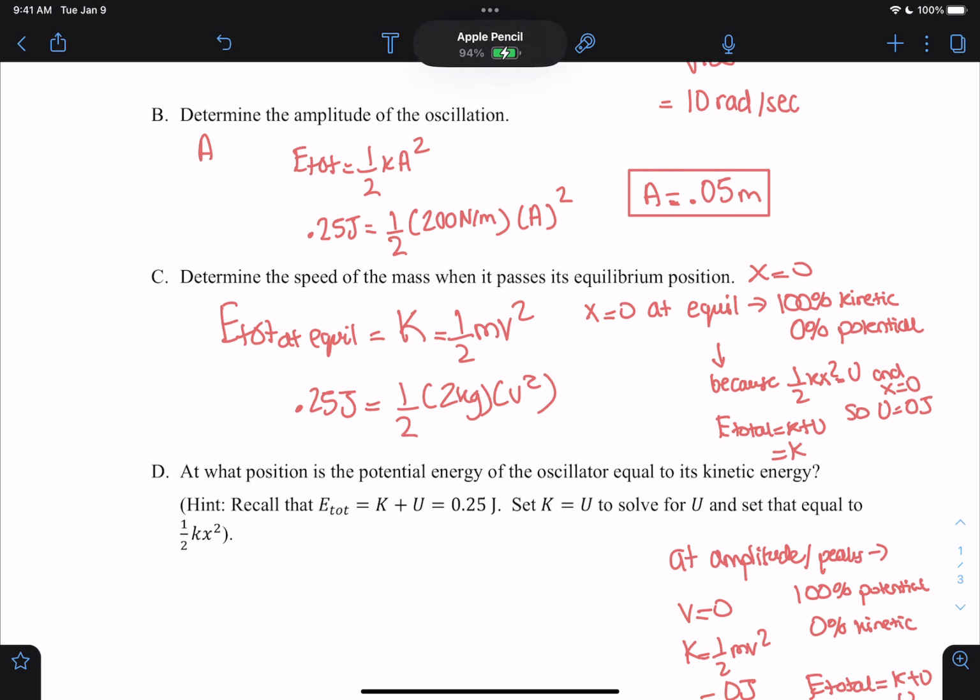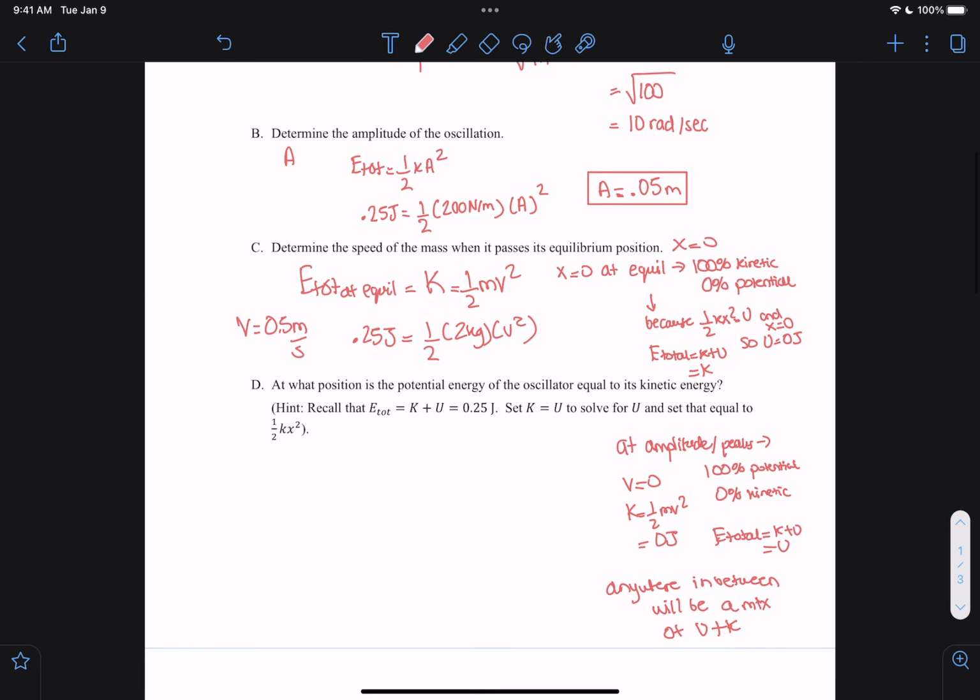So if we do that, we should get what for our v squared? 0.5, right? So v is equal to 0.5 meters per second. Make sense for the speed there?